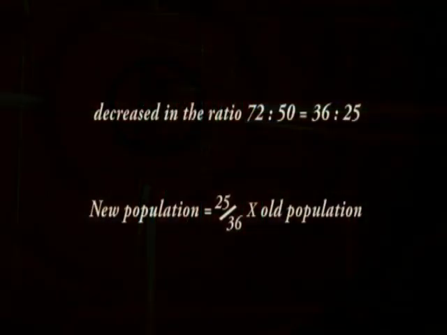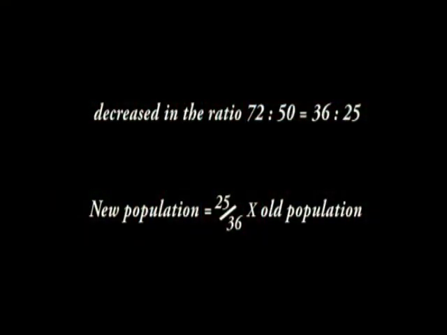For the boys, the population decreased from 72 to 60. It decreased in the ratio 72 to 60, which is equal to 6 to 5. That means new population is equal to 5/6 times old population.